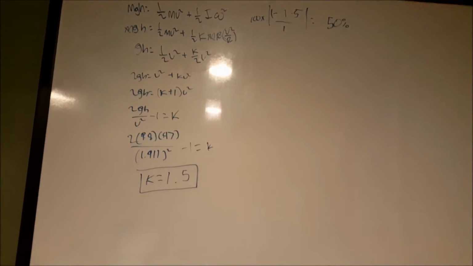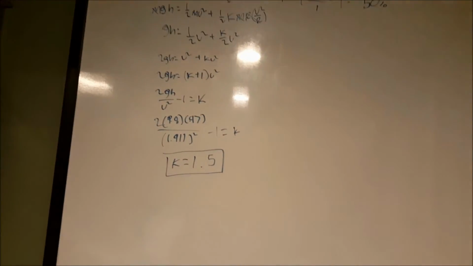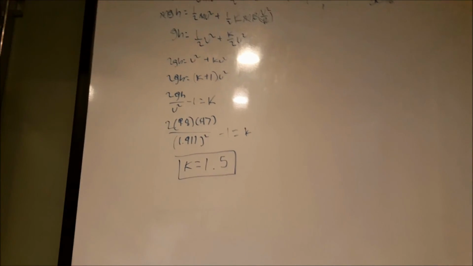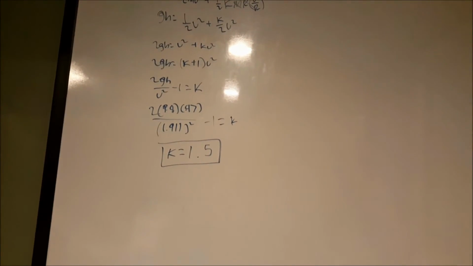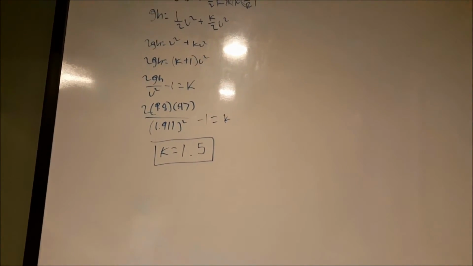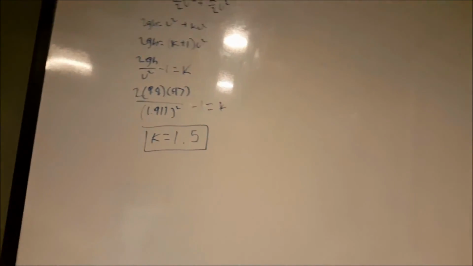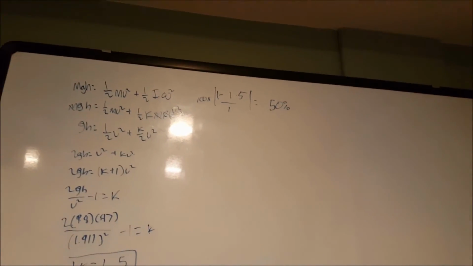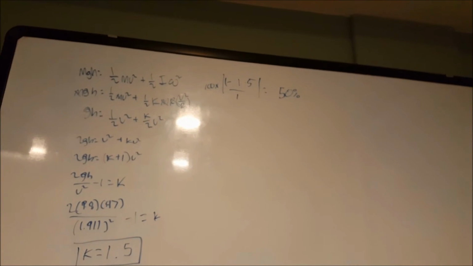We canceled out all the m's, and we got 2gh equals v squared plus kv squared. Then we did some extra math, and we got it down to 2gh over v squared minus 1 equals k. And we plugged it in, and we got 1.5. And then we did the percent error calculations and got 50% error.